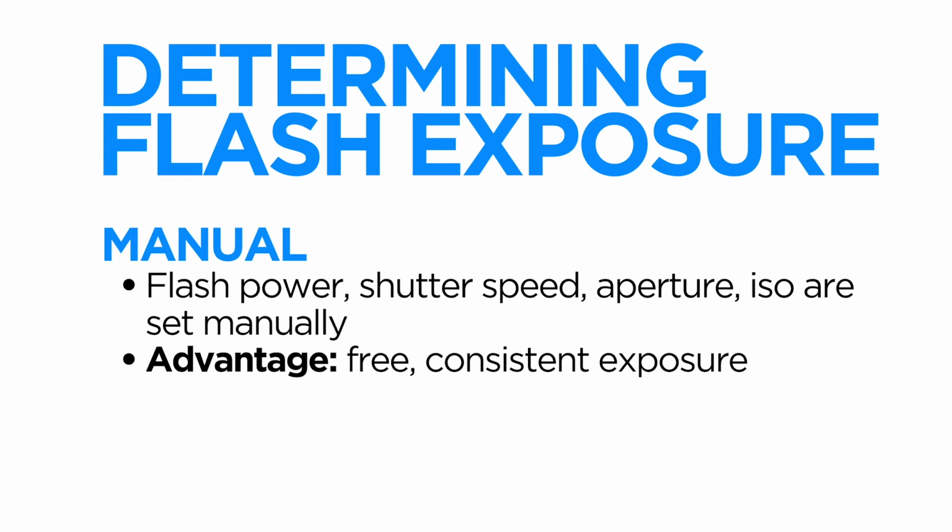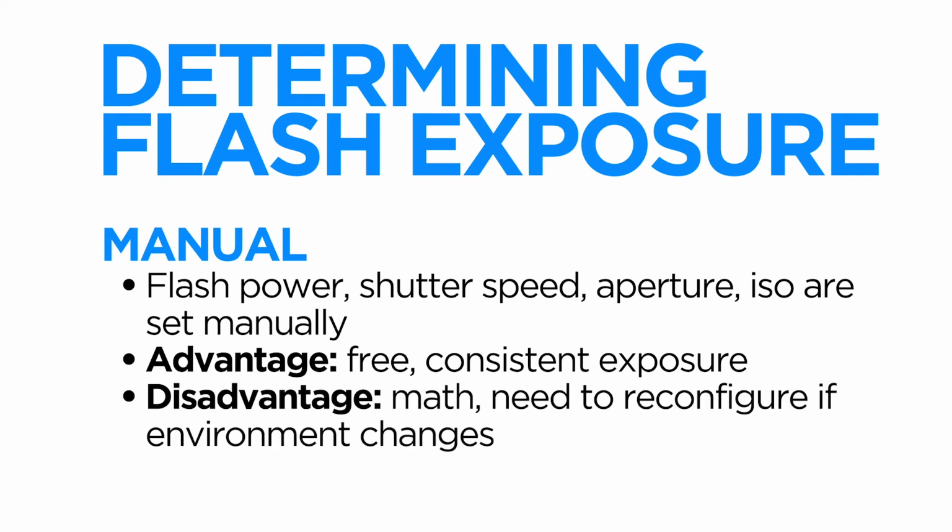So even though you're moving around, the flash will always be the same power to your subject, and everything will look, theoretically at least, the same exposure. No surprises. The downside is you got to do a little math. Usually that means multiplying by 2 or dividing by 2, knowing a little bit about how square roots work if you're moving the flash farther or closer to your subject.